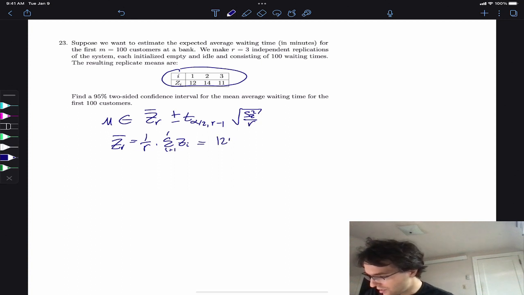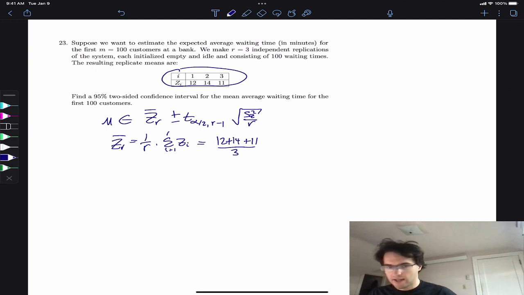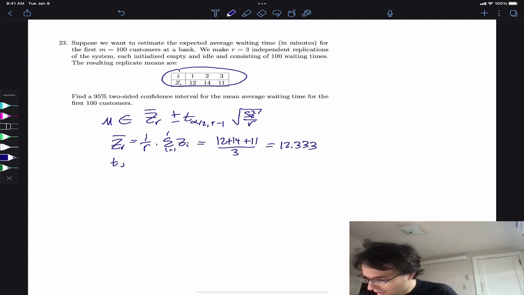So this is 12 plus 14 plus 11 divided by 3, and that ends up being 12.333. And then what is t alpha over 2, r minus 1?